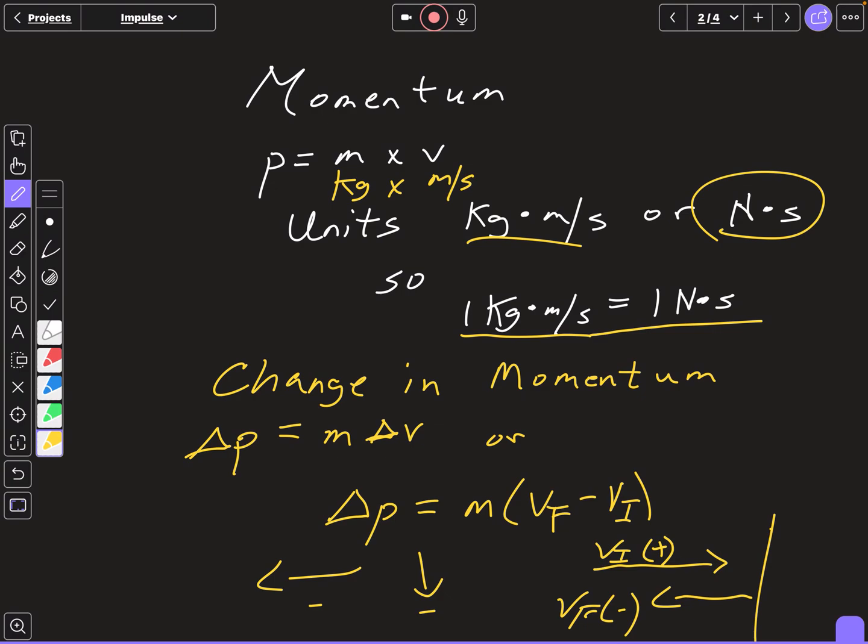Just keep that in mind while you're working these problems. However, if the velocity of something just speeds up, then both velocities would be positive, the initial and final. And if it says something begins at rest, that means the initial velocity is 0. And if it says something is stopped, comes to a stop, that means the final velocity is 0.